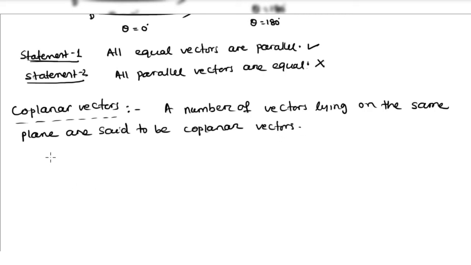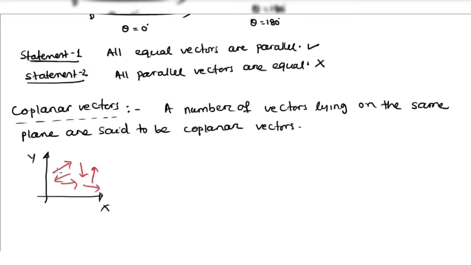For example, I'll consider an xy plane. Suppose this is the x-axis, this is the y-axis, this is the xy plane. Your computer screen or your mobile screen is also a plane. If I draw a number of vectors on this plane, then you can see that all the vectors are lying on the same plane.